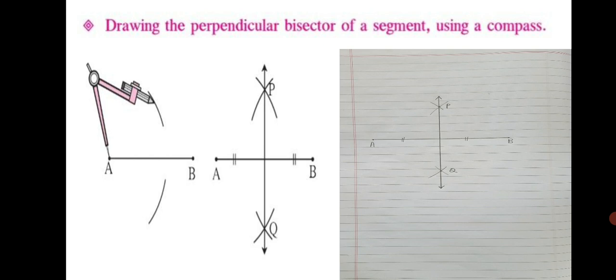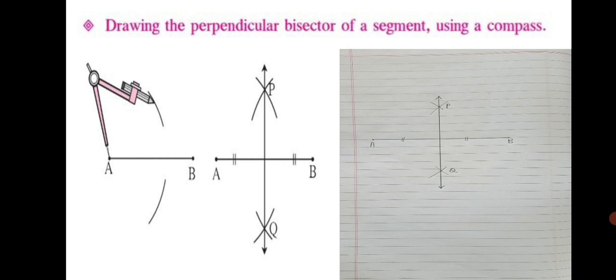Hence, it becomes the perpendicular bisector of the given segment AB. So, remember, a perpendicular bisector of a segment bisects it into two equal parts. So, these are the equal sides.